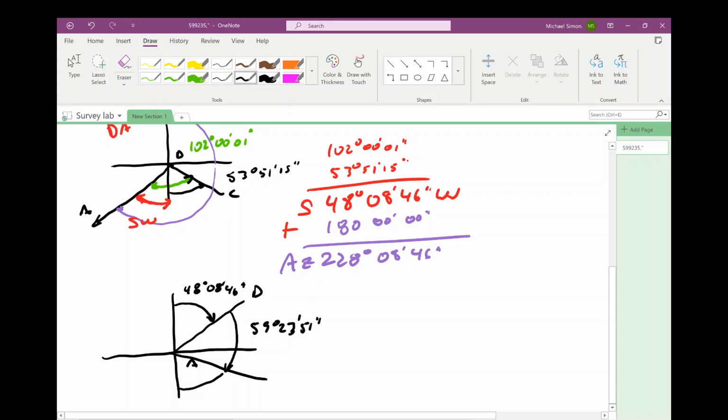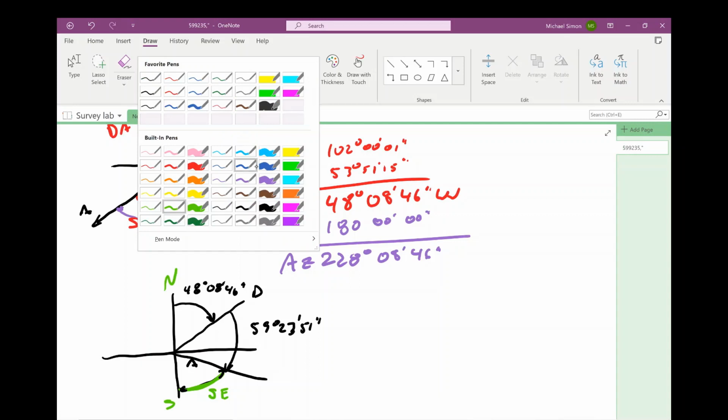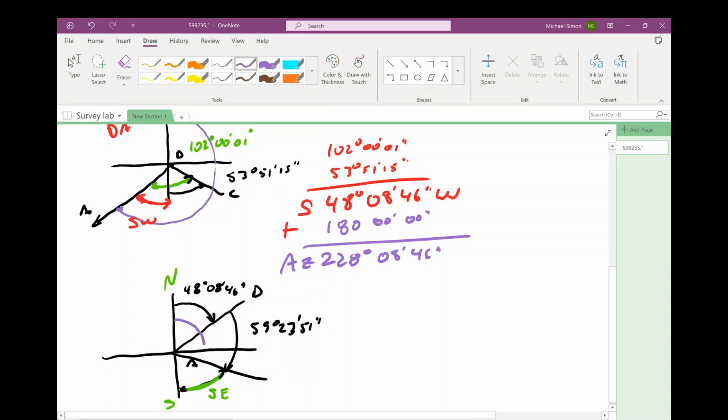And I'm looking for this southeast angle. That's my bearing. So to figure that out, well, here's north, here's south. My azimuth would be, if I want my azimuth, that's north going clockwise to the point. So the azimuth and the bearing equals 180. So let's do it a little bit differently this time. Let's take 48, 08, 46, and we'll add 59, 23, 51. That gives me my azimuth.